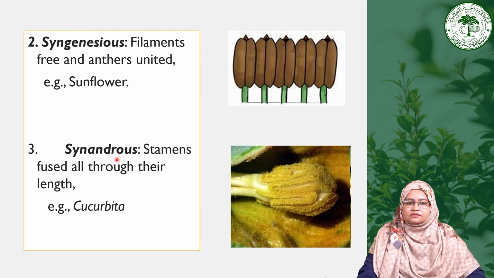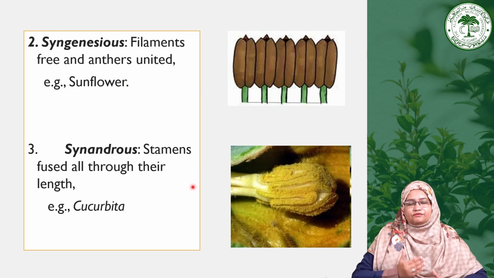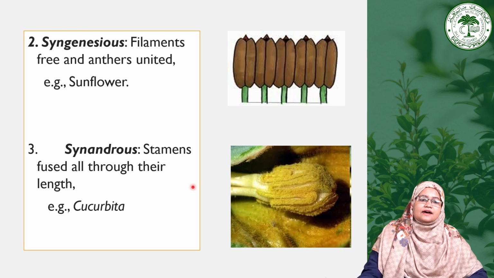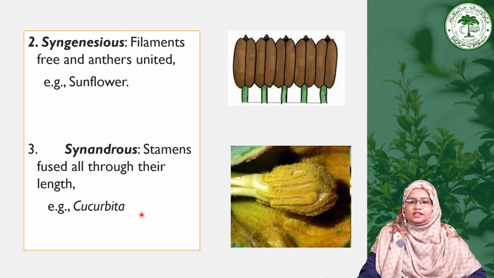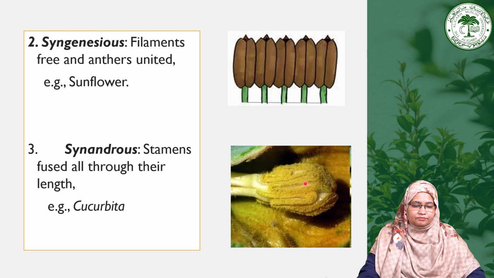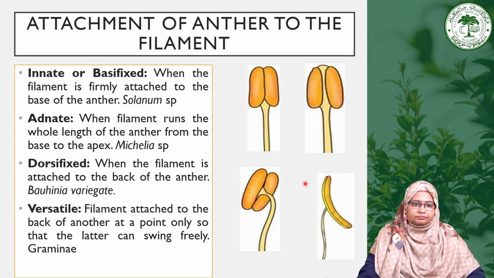And in synandrous, the whole stamens from filament to anthers are fused all together along the length. This is called synandrous, and in the Cucurbitaceae family, or genus Cucurbita, as you can see, the whole stamens are fused from filament to anthers. So this is the cohesion of the stamens.